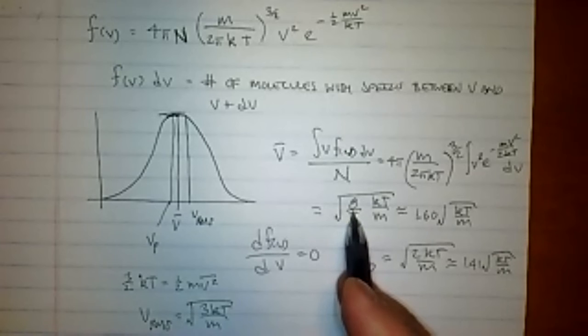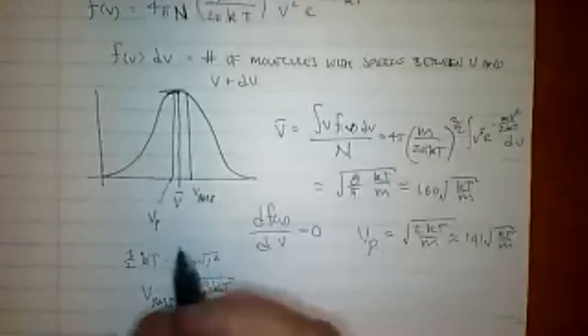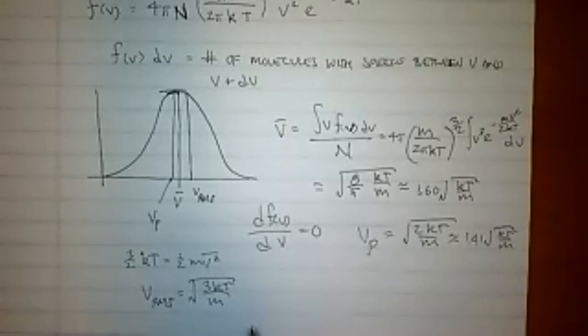This one we got 8 over pi. This one we got just plain 2. But you can see from our normal derivation, we got 3kT over m.